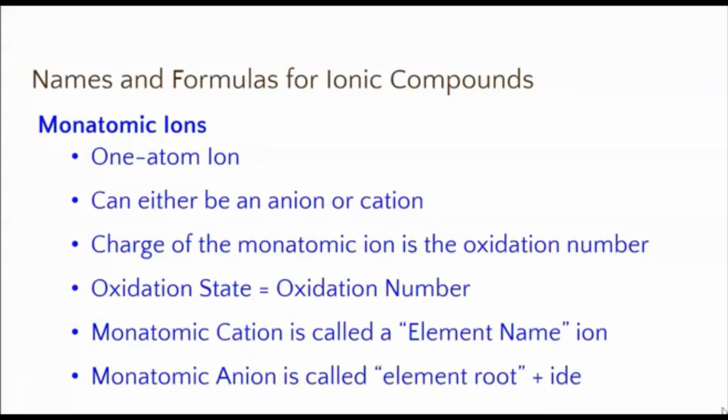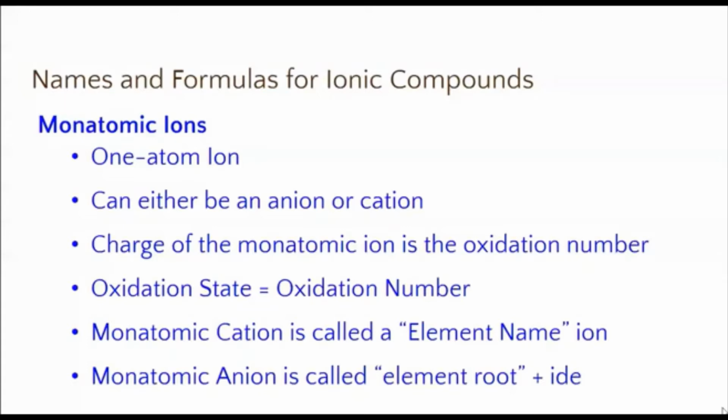So remember, if you hear charge or oxidation number, or oxidation state, they all mean the same thing. If you're naming a monatomic cation, remember those are alkaline metals, alkaline earth metals, your transition metals, and the boron family. It's just going to be the element name and then the word ion.